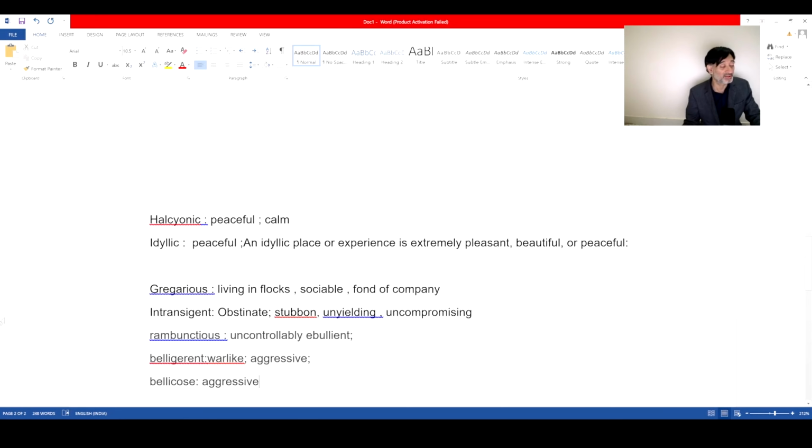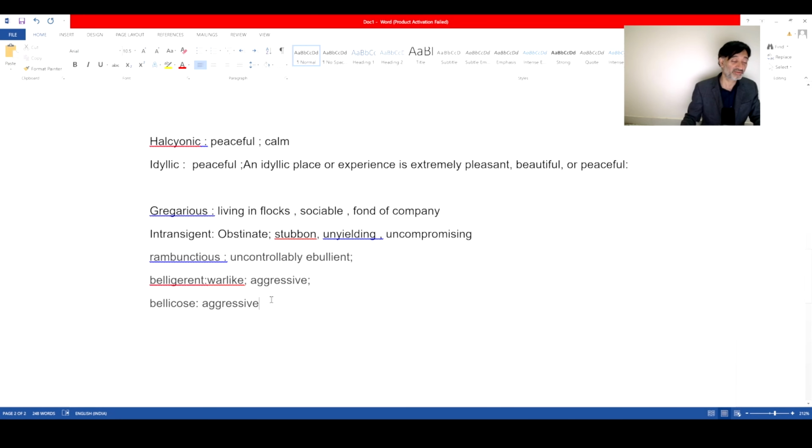Pernicious. What does it mean? Pernicious is something harmful. Right? Harmful, killing utterly. Pernicious. Very harmful, killing utterly. Pernicious. Okay. Having a harmful effect. Right? Destructive, injurious.